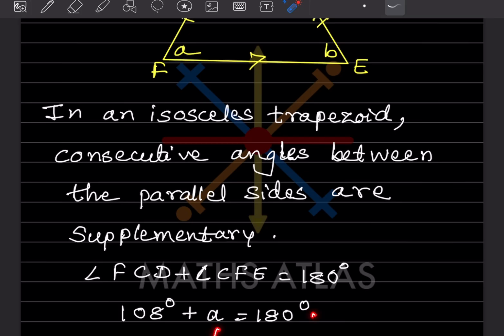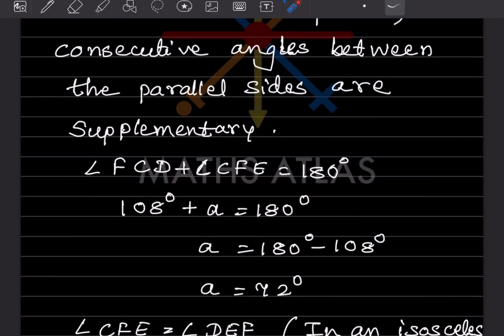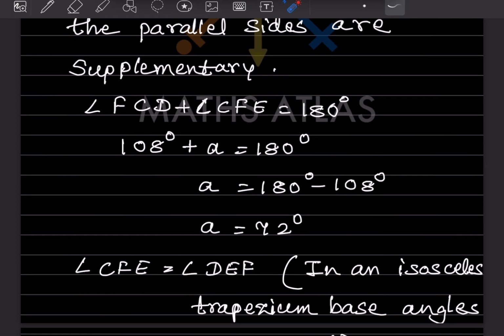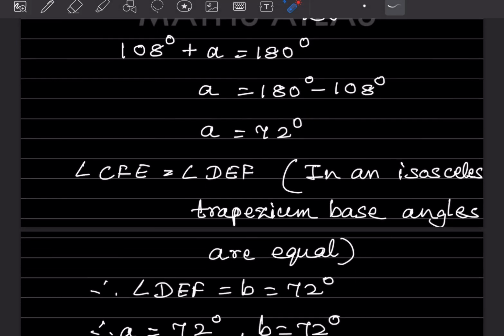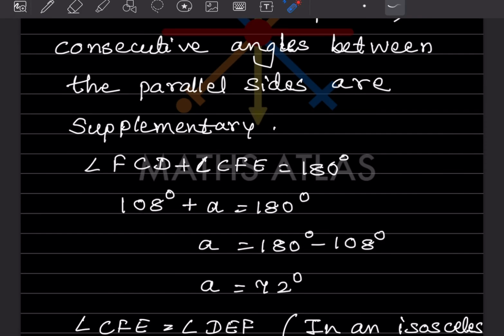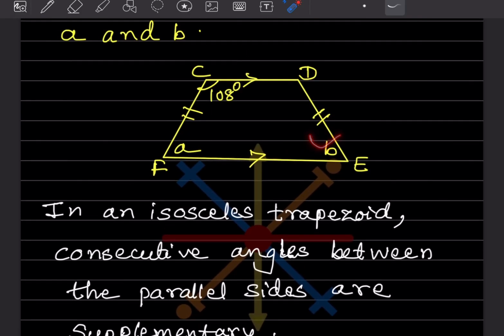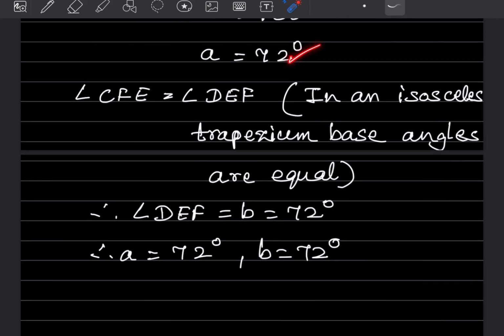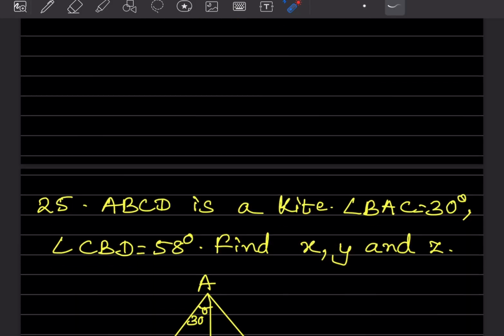So A will be 72 degrees. Then angle CFE is equal to angle DEF because in an isosceles trapezium base angles are equal. Therefore angle DEF is angle B. This is 72, so this also should be 72 because the base angles are equal. So A is 72 and B is 72.